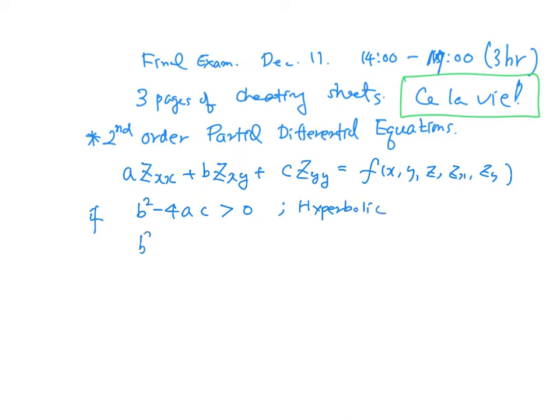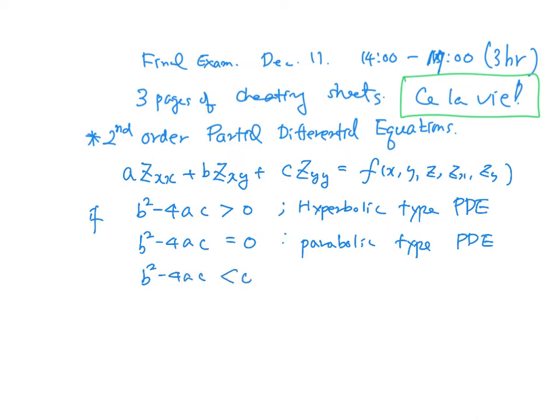If b squared minus 4ac is equal to 0, parabolic type PDE. And if b squared minus 4ac is less than 0, it is elliptic type.